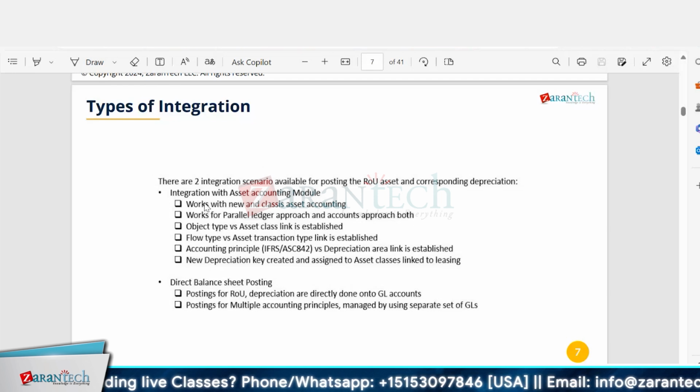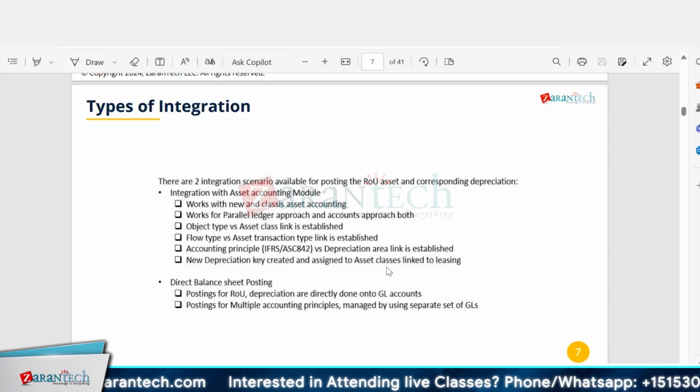The asset accounting module works with new and classic asset accounting, and works for both the parallel ledger approach and the account approach. Object type versus asset class link is established. Flow type versus asset transaction type link is established. Accounting principle IFRS 16 or ASC 842 versus depreciation area link is established. A new depreciation key is created and assigned to asset classes linked to leasing.